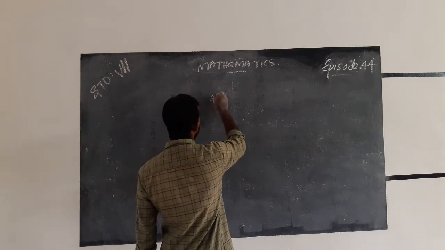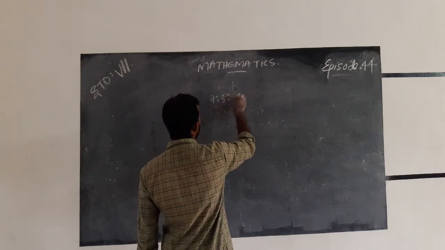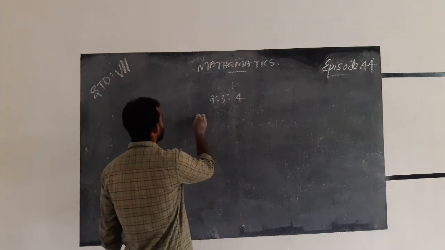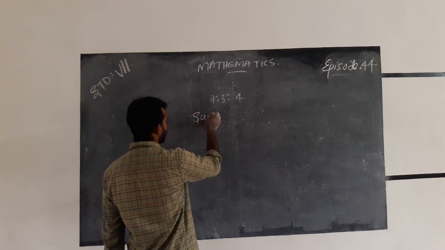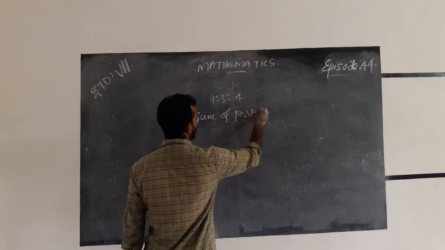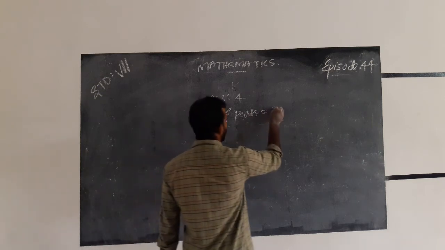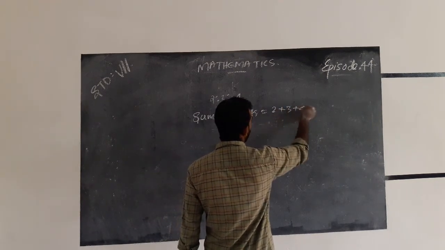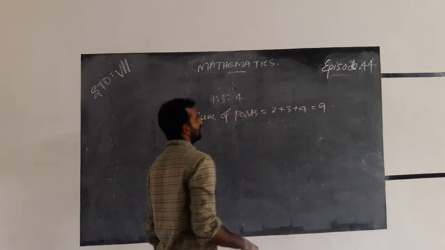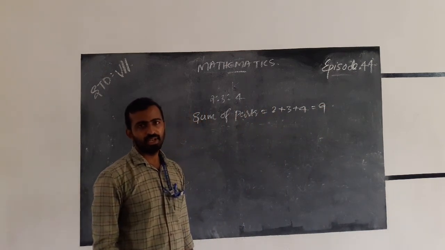The given ratio is 2 is to 3 is to 4. Sum of parts is equal to 2 plus 3 plus 4, we get 9.